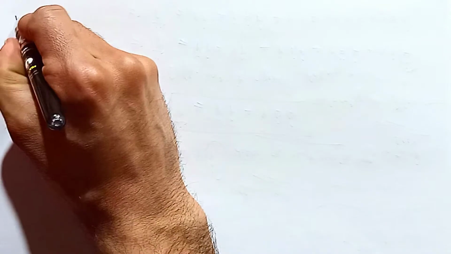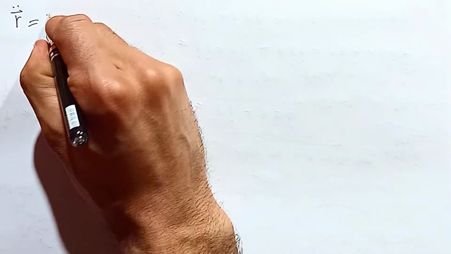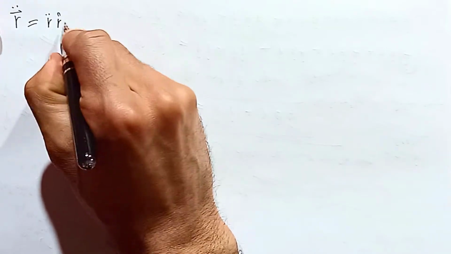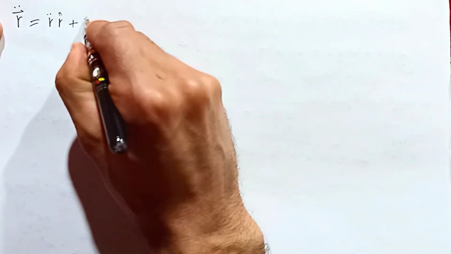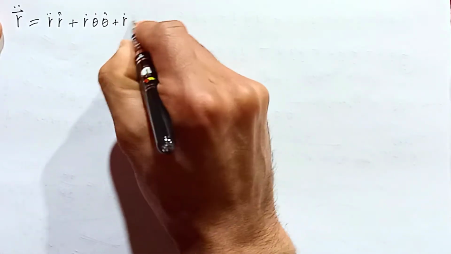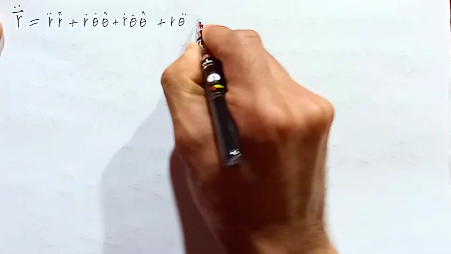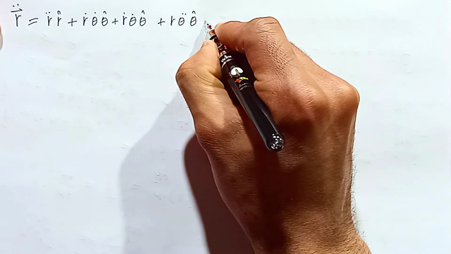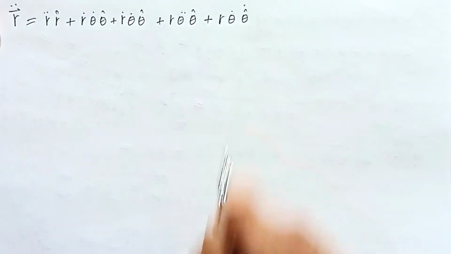What is the equation we are getting? The double differentiation, that is the acceleration, is r double dot r hat plus r dot theta dot theta hat plus r dot theta dot theta hat plus r theta double dot theta hat, then plus r theta dot theta hat dot.